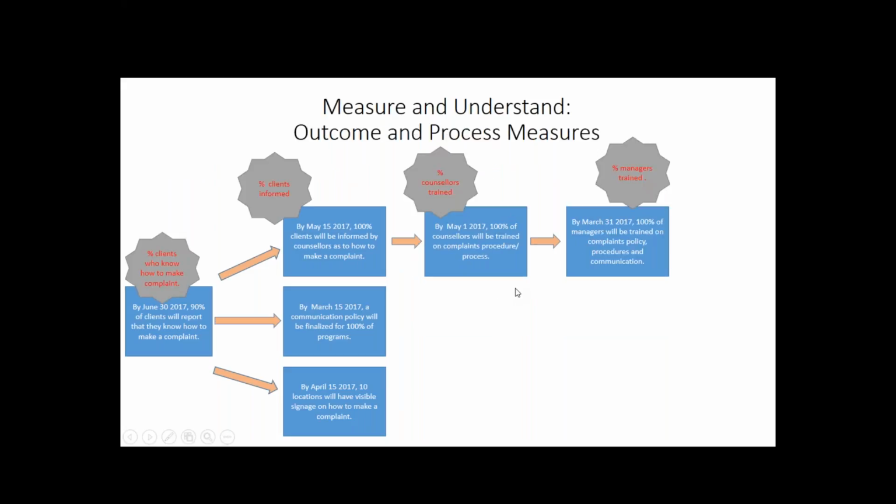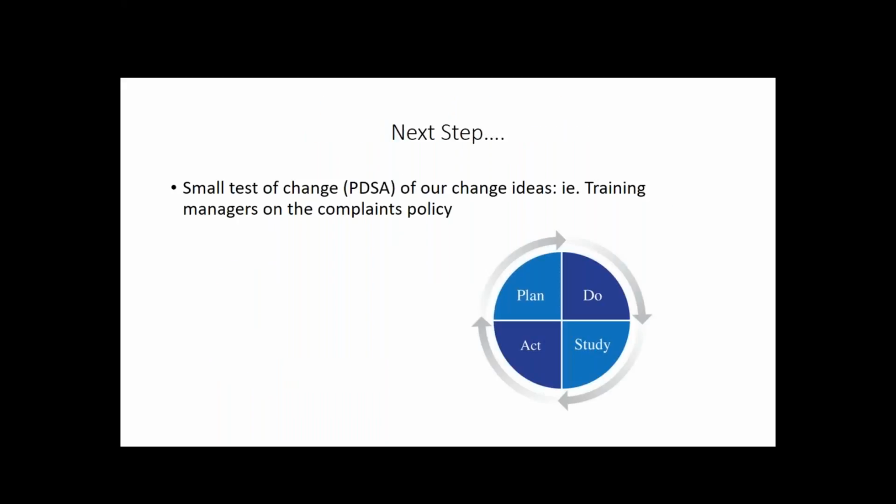And then we want to, of course, have meaningful outcome measures for each one of those, so we know if they're actually increasing, and if that's lending to an improvement in our outcome measures, which are the voice of the client, ultimately clients that report that they know how to make a complaint. And as Chris mentioned in her presentation, we of course want to have process and balancing measures as well for each one of these.